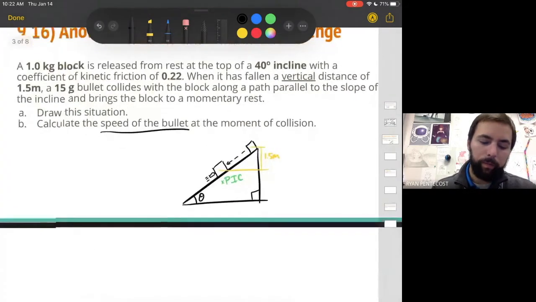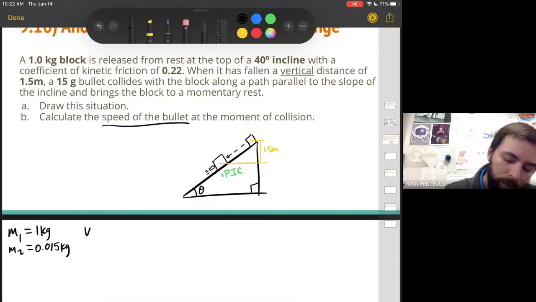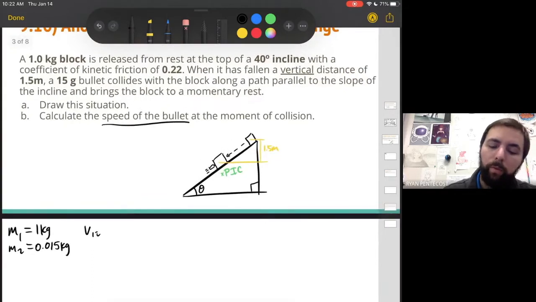Okay, so let's get our givens before we start this. We've got m1, the block, is 1 kilogram. m2, the bullet, we've got 15 grams, so that's 0.015 kilograms. v1 initial. So this is going to be kind of tricky. There are two parts to this collision. We want the speed of the bullet at the moment of collision.